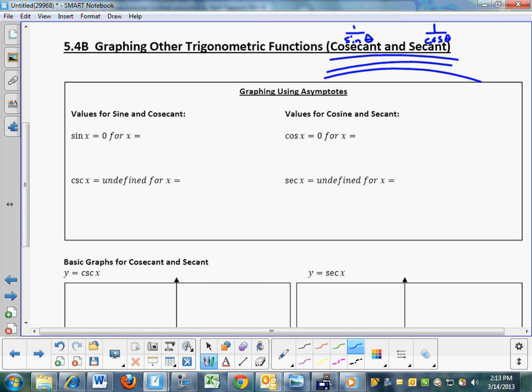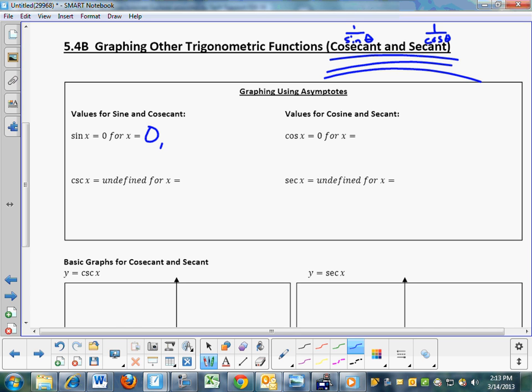Let's see, what is the sine of 0? 0. So at 0, sine is equal to 0. So if I go 0 degrees, it's 0. Do you know what sine is at pi over 2? It's equal to positive 1. Very good.